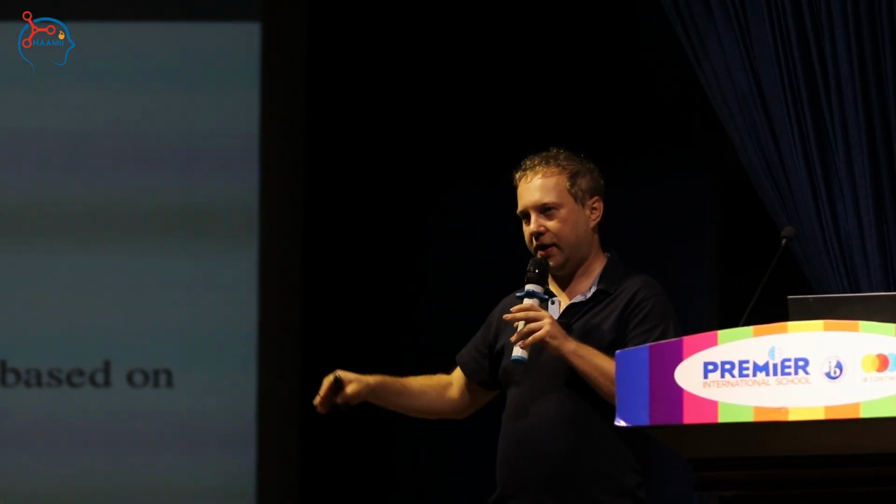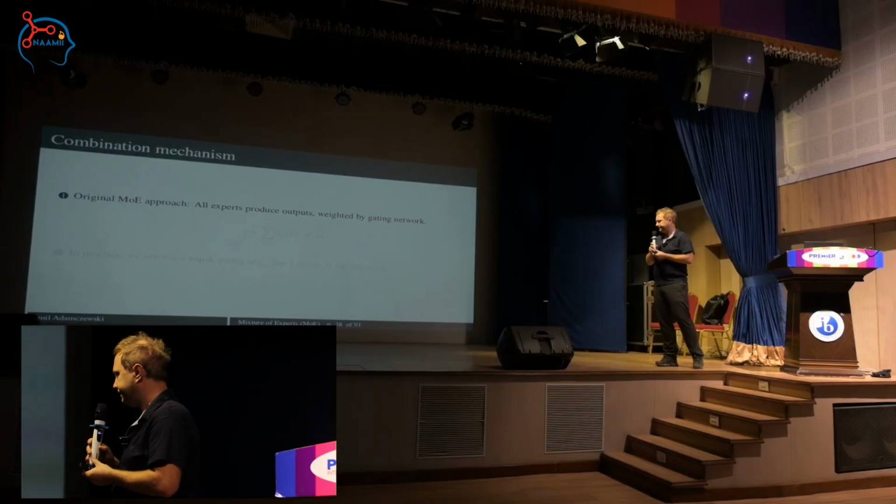If there are 8 experts, the output dimension will be 8, and it outputs probabilities for each of them. This is our gating mechanism, and then the question is how we make use of it. It's through the combination mechanism. In the original approach, there are several ways we can approach this.